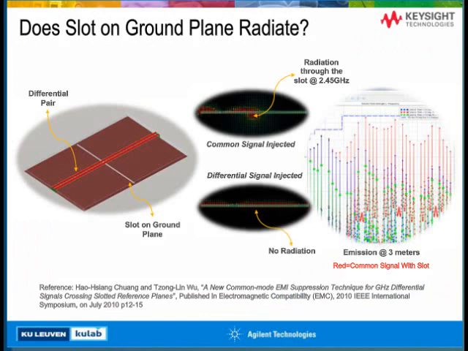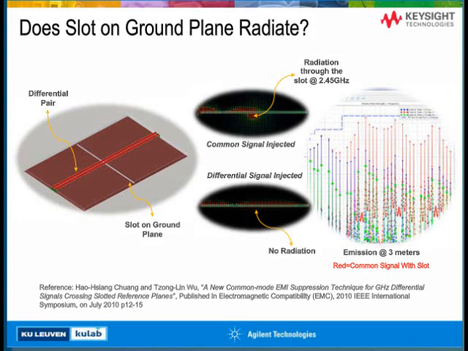The next example is a slot on the ground plane. One of the questions people are asking is whether a slot really affects the EMI EMC behavior. The answer is yes. On a typical PCB structure, sometimes it's really unavoidable to have a slot on the ground plane.